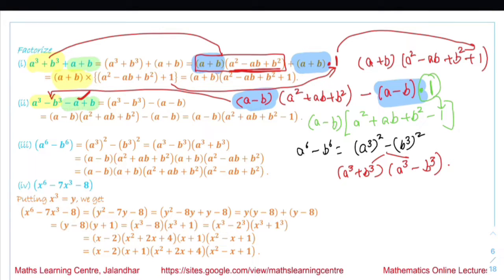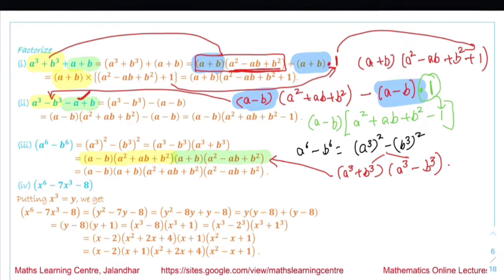So these are just the direct formulas we have over here. So when we apply those formulas, we will get the two terms like a minus b into a square plus ab plus b square, and the second term will be a plus b into a square minus ab plus b square.